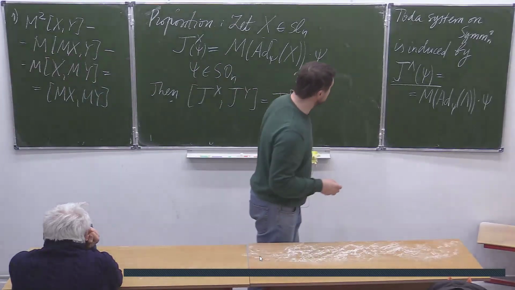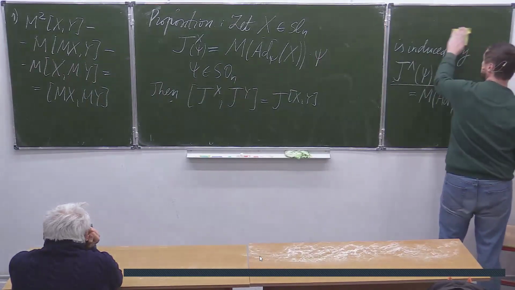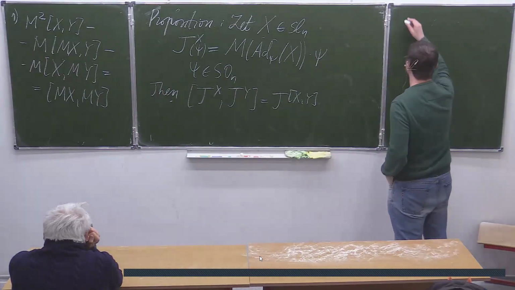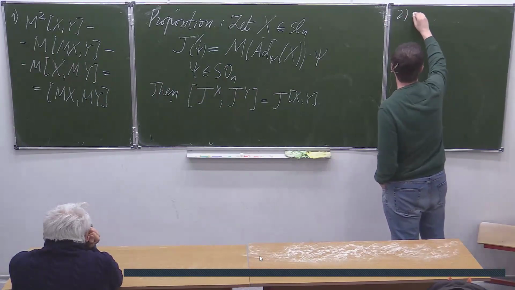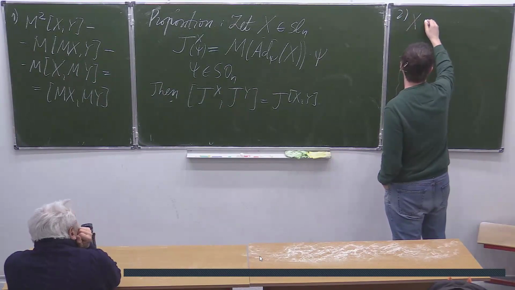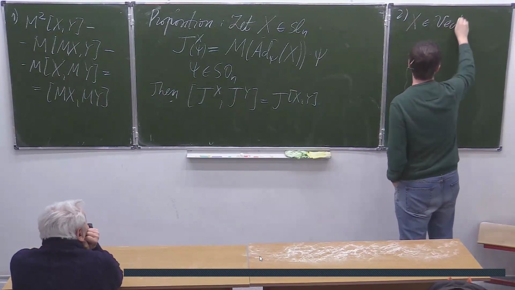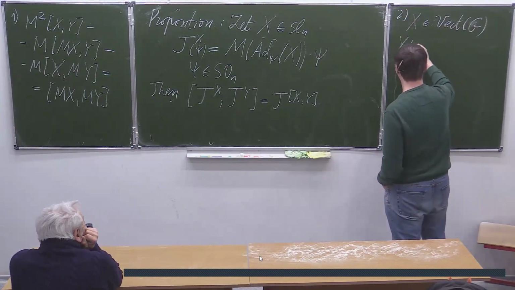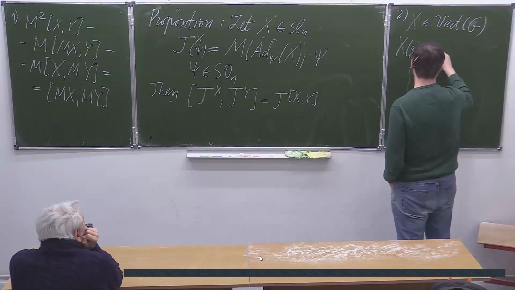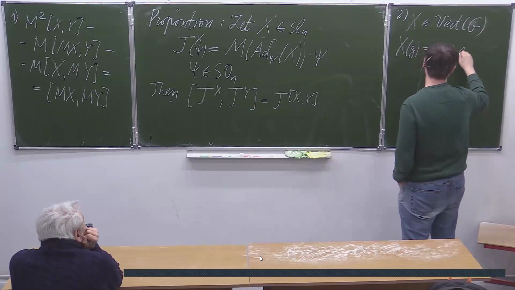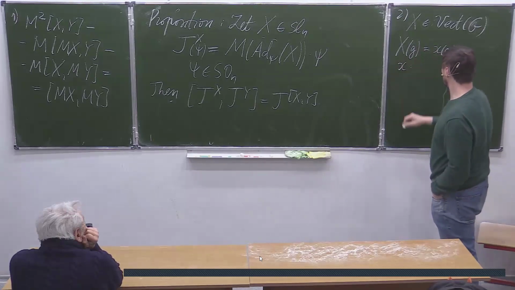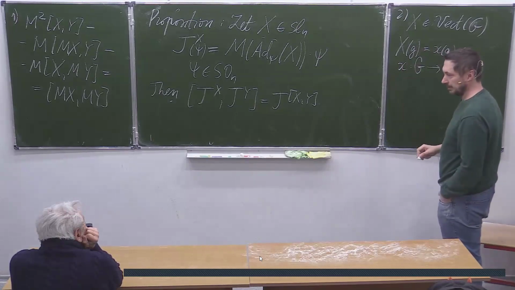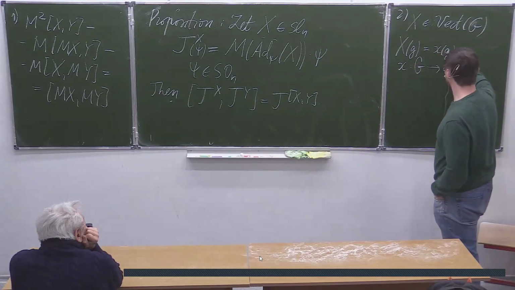The second formula is again quite simple. It says that if you have a vector field X on a Lie group G, which is given by the formula X of G is equal to some small x of G multiplied by G. That is to say, we have a smooth map from G to its Lie algebra, a vector valued function.